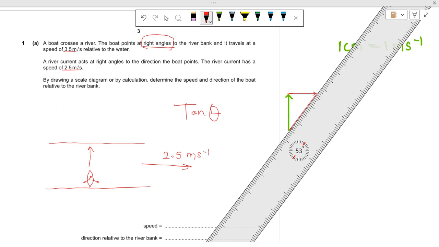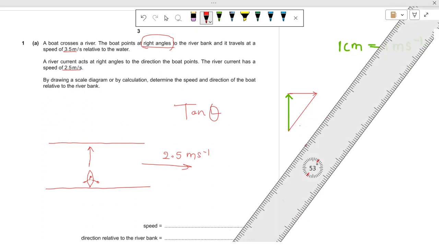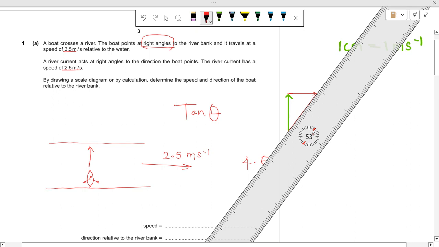The length of this arrow is 1, 2, 3, 4, 4.5, 4.6 maybe. Let's say 4.6. And the direction you have to write is relative to the river bank, that means from the horizontal.